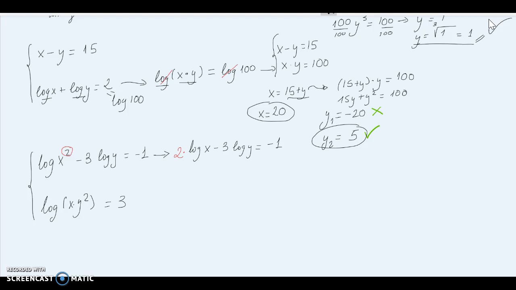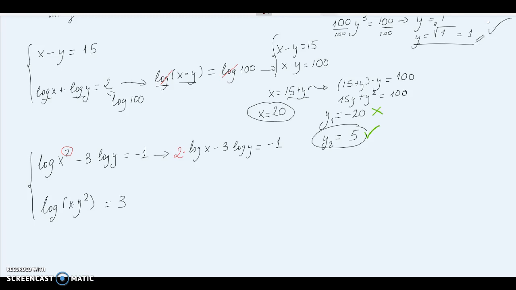As you've seen, if I have exponents, I write exponents using the properties of logarithms as products, as multiplications. Second equation, I'm going to transform this equation as well. So the product will be an addition.